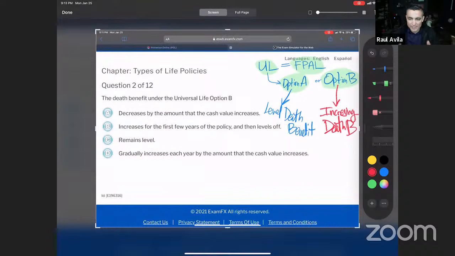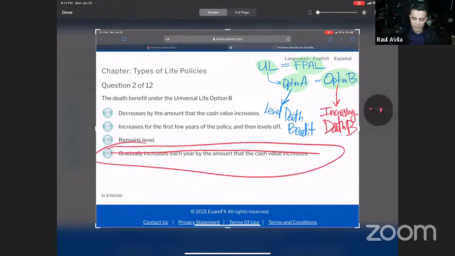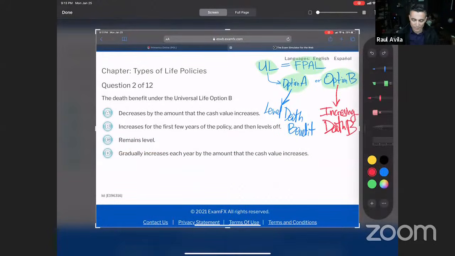But based on the information that I just gave you, you would say that the answer is actually D, right? Because the face amount, the death benefit, gradually increases each year by the amount of the cash value increases.